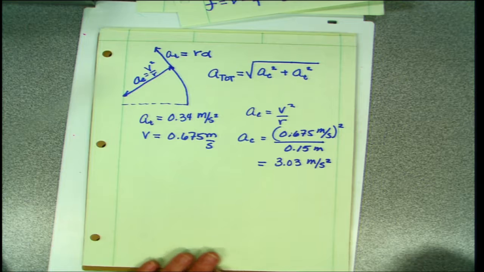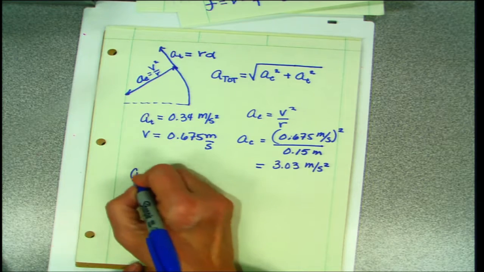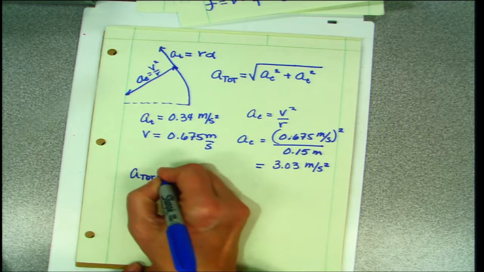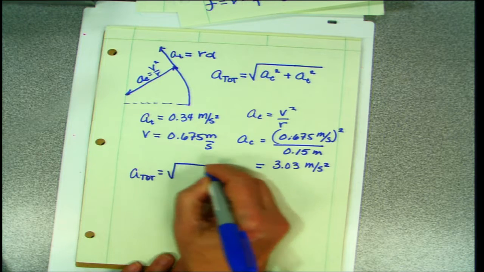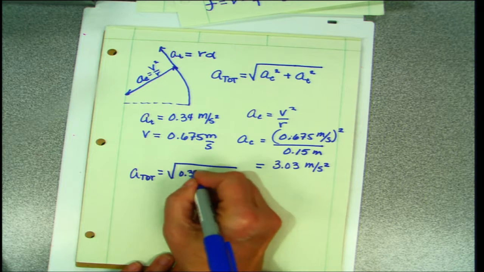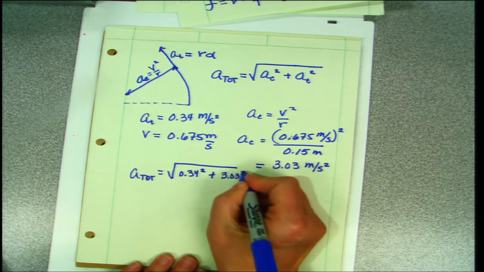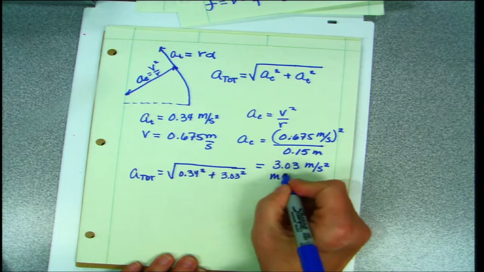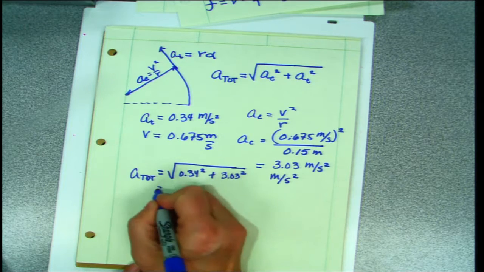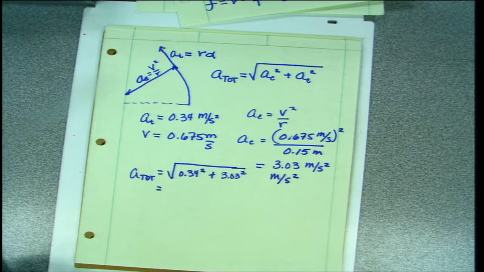If I do that, it gives me 3.06 meters per second squared. That would be the total acceleration on the object, even though the problem didn't ask us for that.